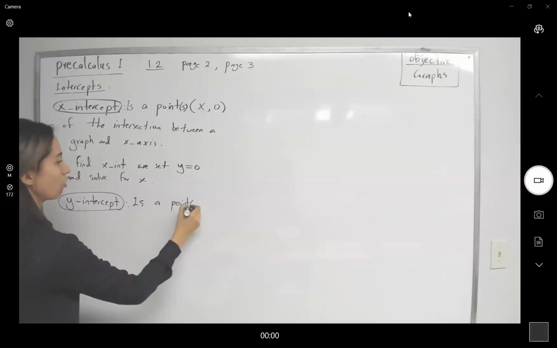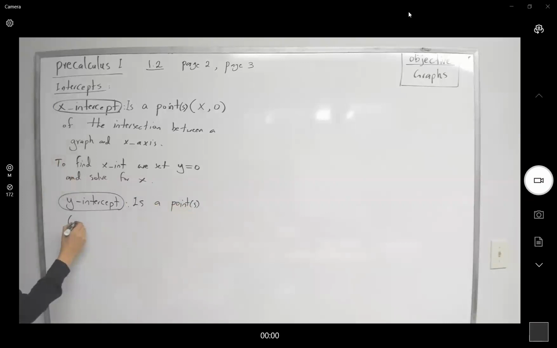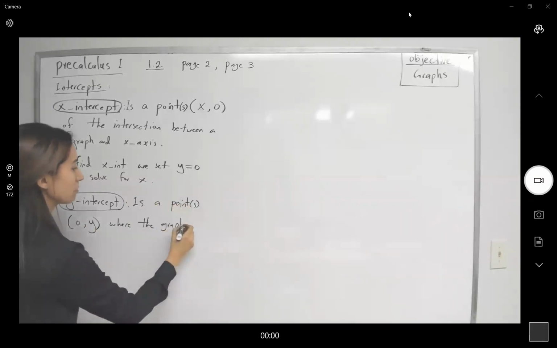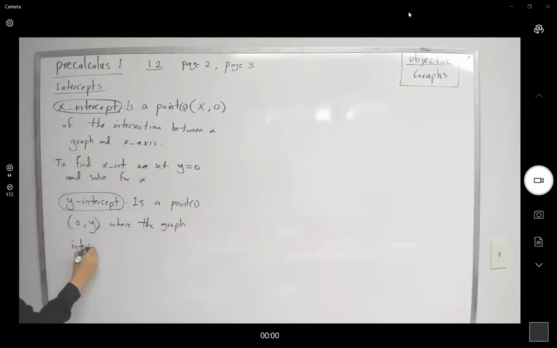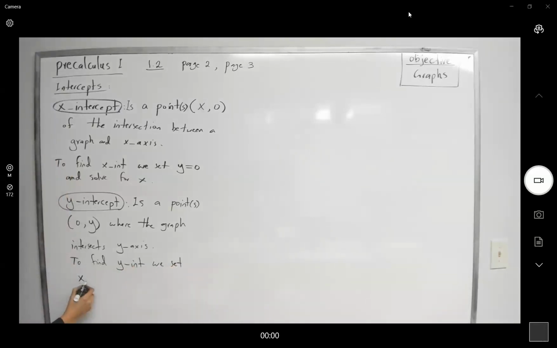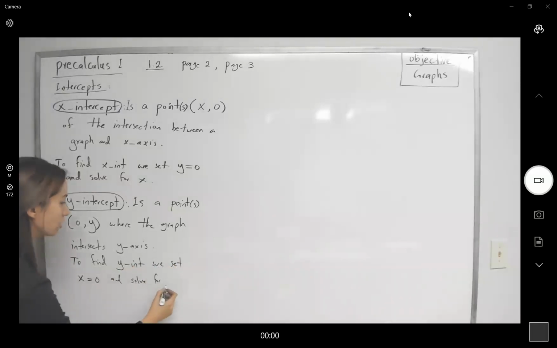Well, to find y-intercept, we set x equal to 0 and solve for y.